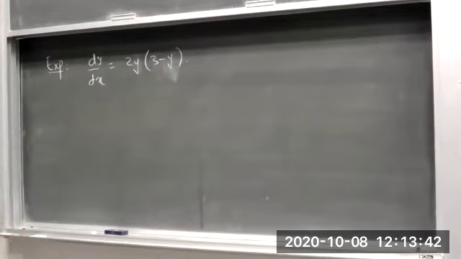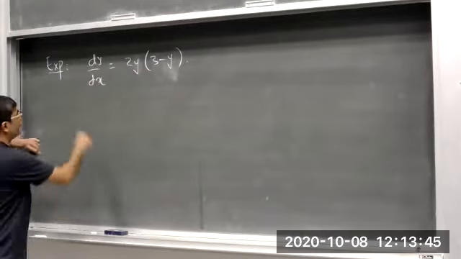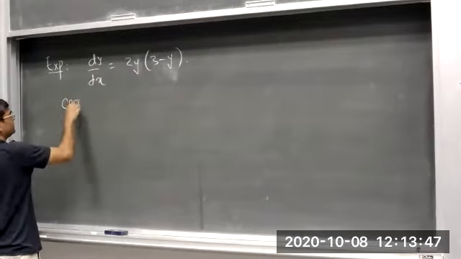Now, this is an autonomous differential equation, and what are its critical points?